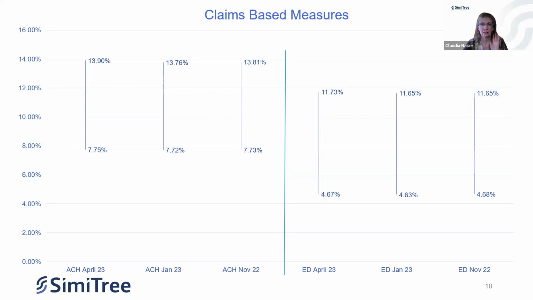So again, valid information, valid data that they're giving us back, valid information to be able to use in looking at your agency against these numbers. Same thing with emergency department use. We've got this laid out for you here in April 23, January 23, and then back from November.